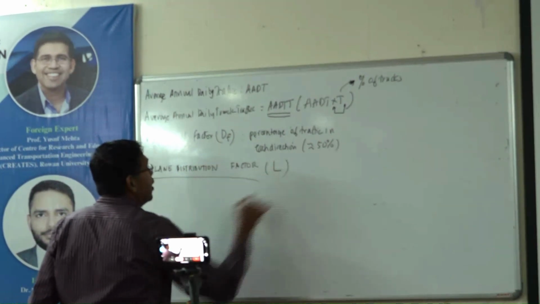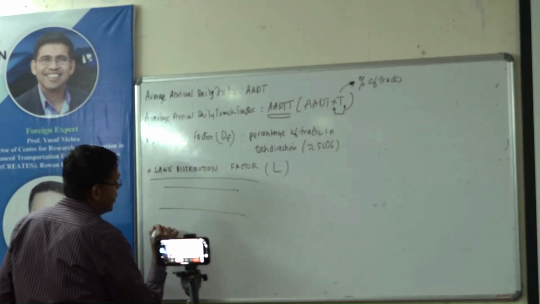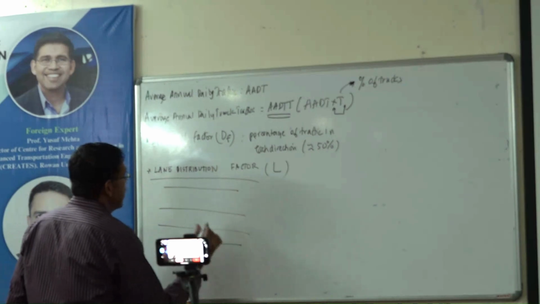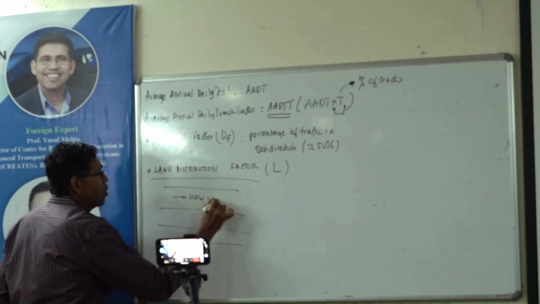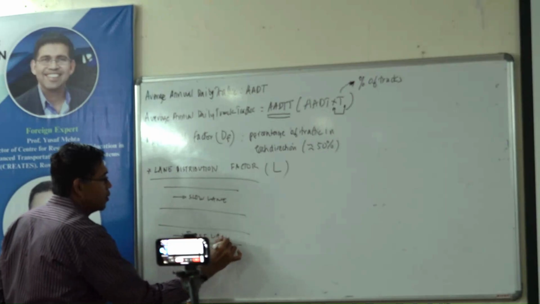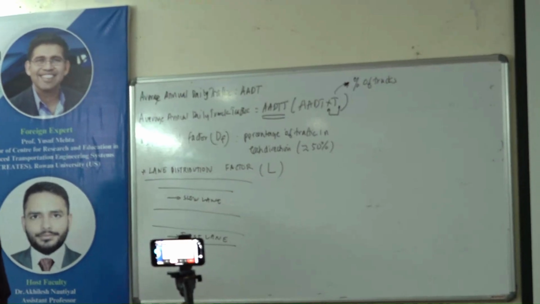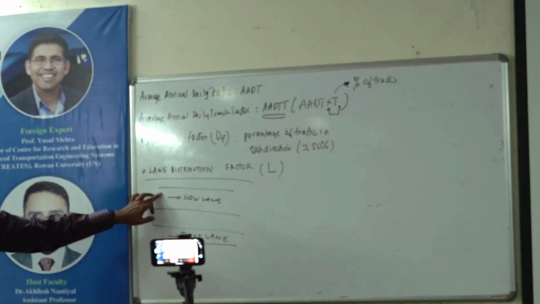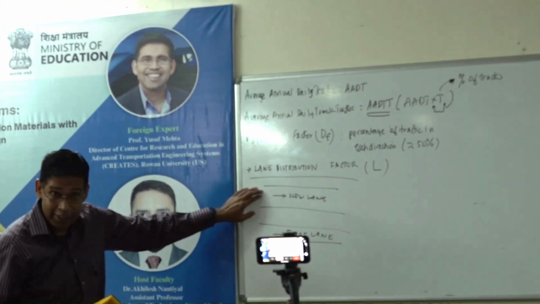Lane distribution factor, L. If this is the top view and these are all different lanes, this is your slow lane and this is your fast lane. With multiple lanes, most of the traffic is on the slow lane.